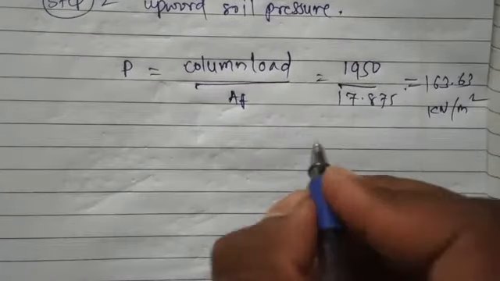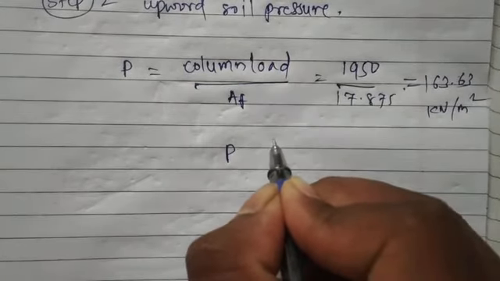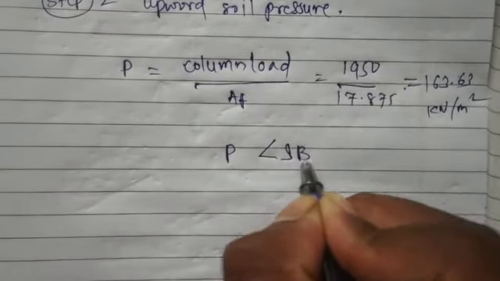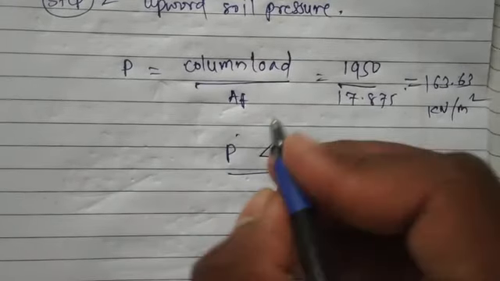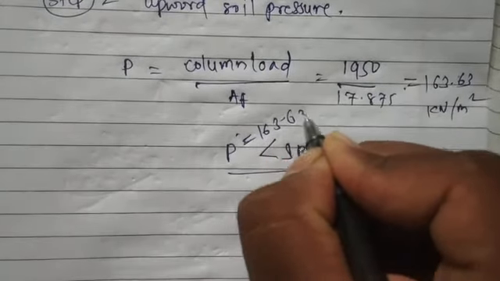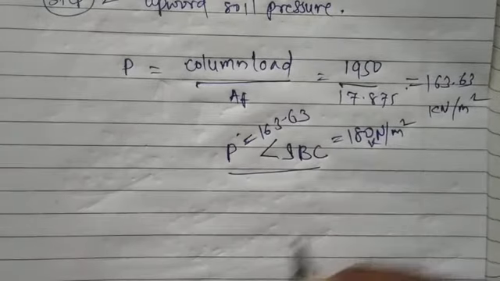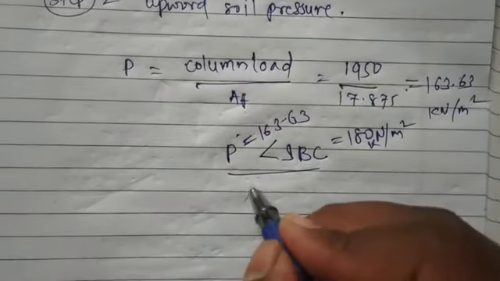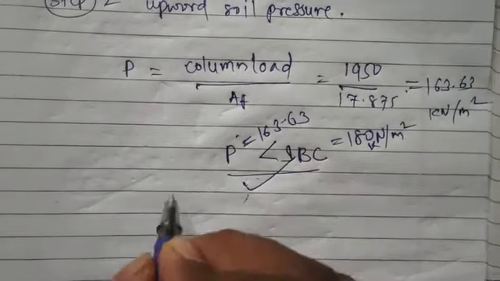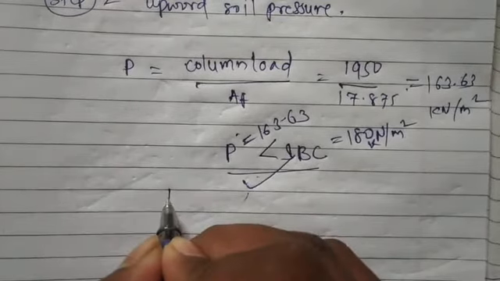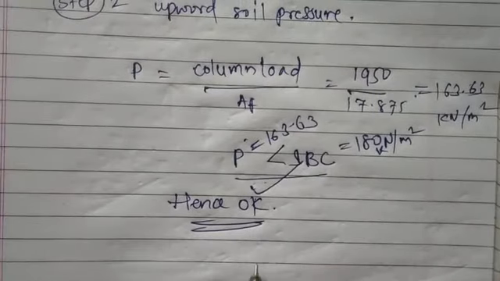Now you can see that this P is less than the SBC of the soil, the soil bearing capacity, which is 180 kilonewton per meter square. So the same condition which we wanted, we got. Hence, as SBC is more, this footing is safe.